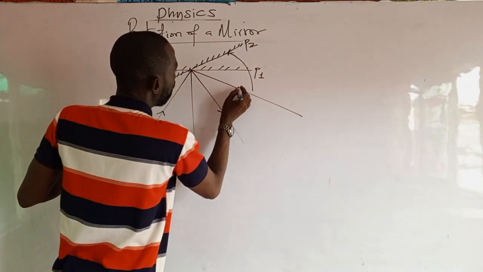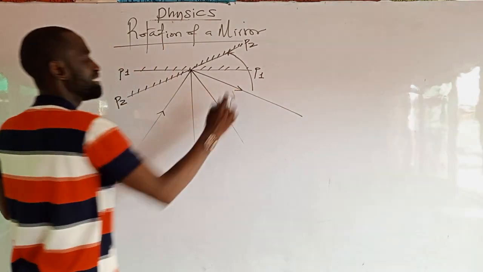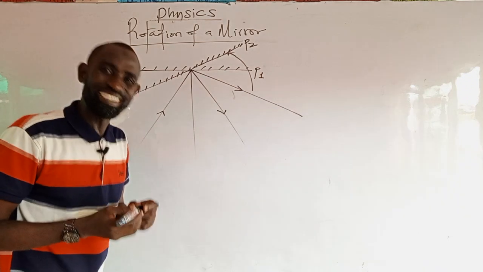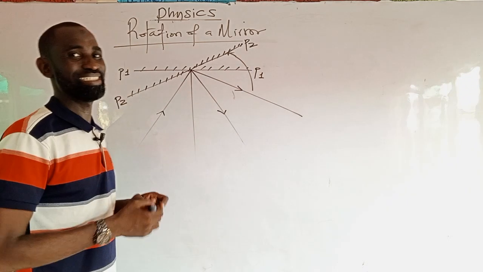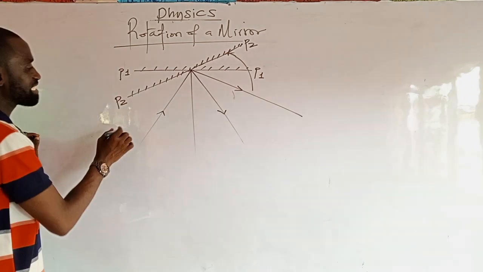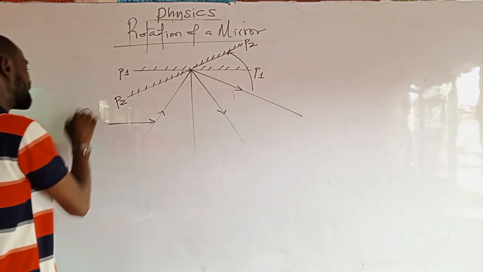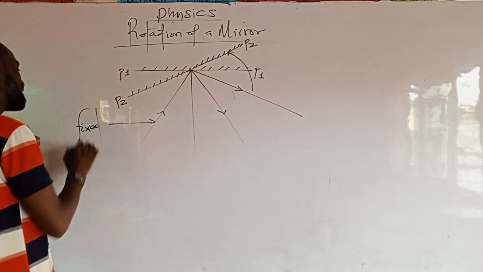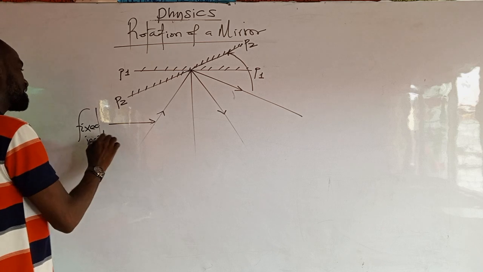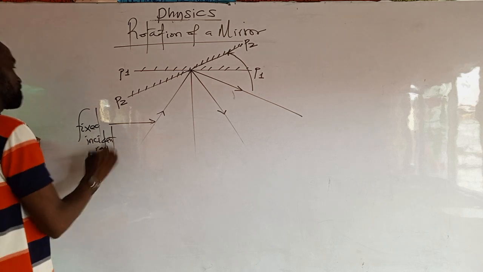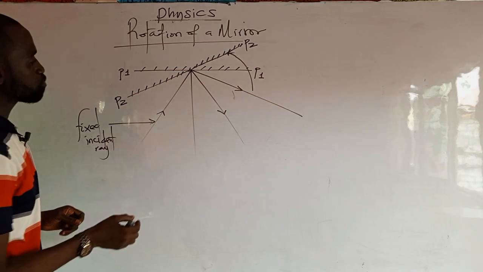I told you, whenever a mirror is rotated, it is only the reflected ray that is affected, because the incident ray is fixed.